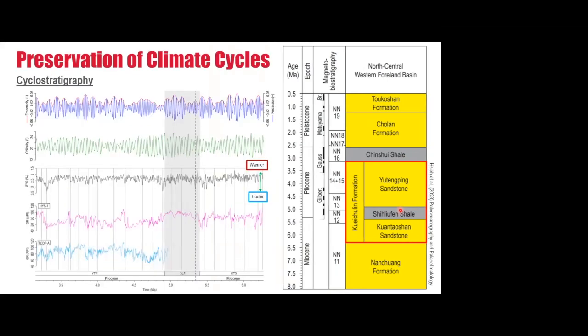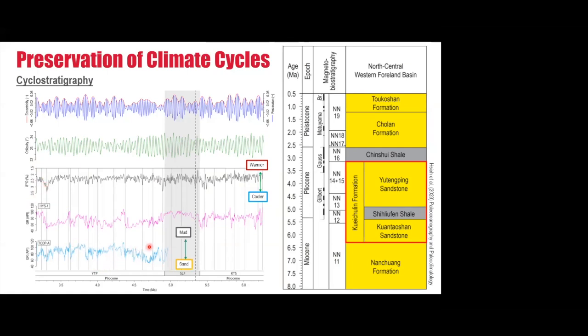We then used the magnetobiostratigraphic age constraints to correlate the gamma ray data to an astronomically tuned delta oxygen 18 ice volume proxy. And in general, low delta oxygen 18 corresponds to warmer climates and higher values correspond to cooler climates. And just a note, the axis is flipped upside down.